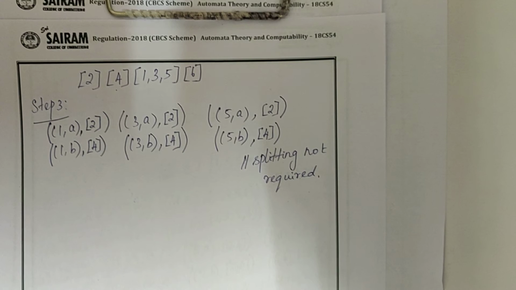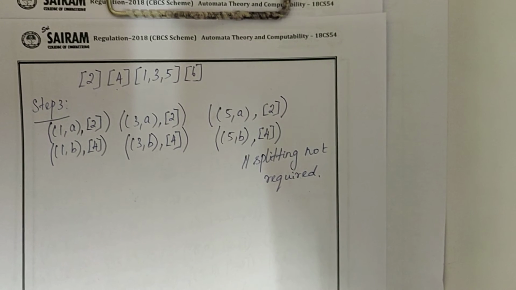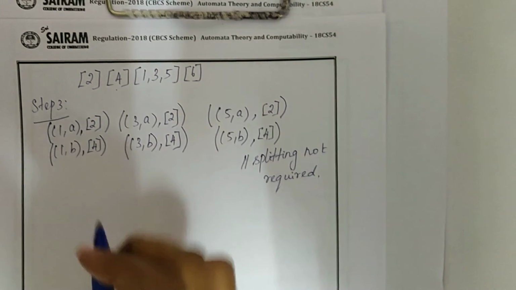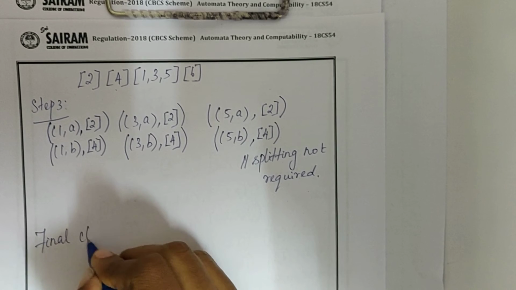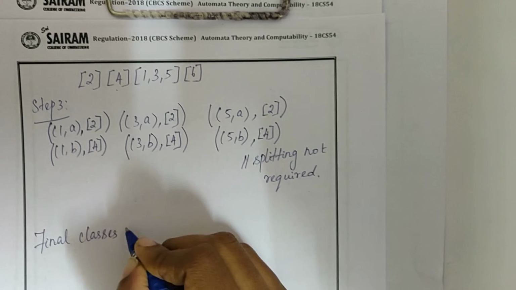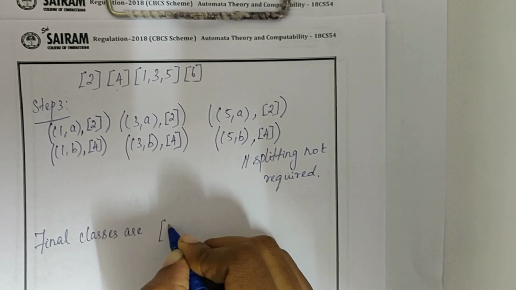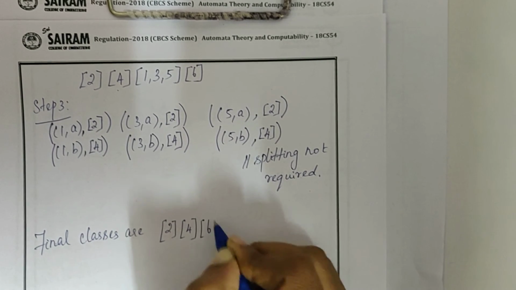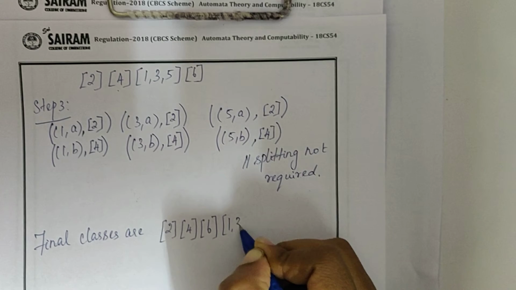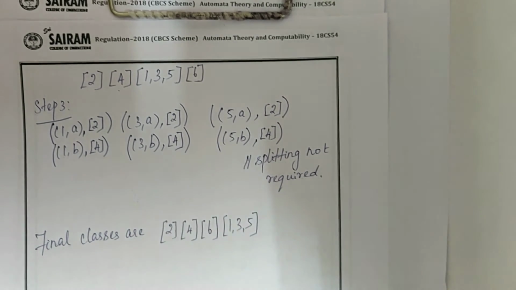Now I have to write my minimized transition diagram. So my final classes are 2, 4, 6 and 1, 3, 5.